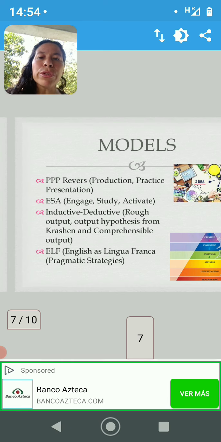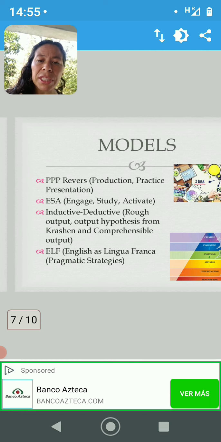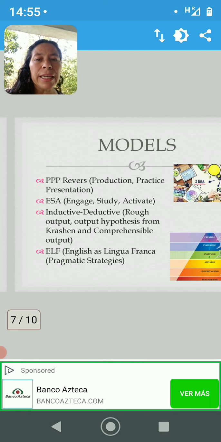Now, some models used for CLIL are PPP reverse, production, practice, presentation, ESA, engage, study, activate. Both inductive or deductive are models that can be used for CLIL. It all depends on the subject.